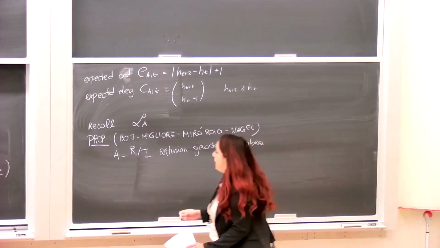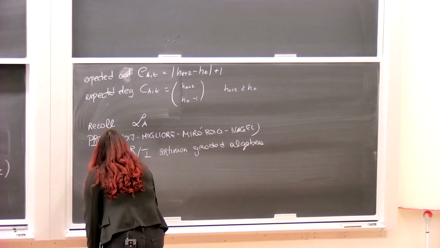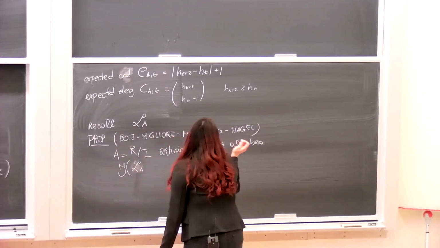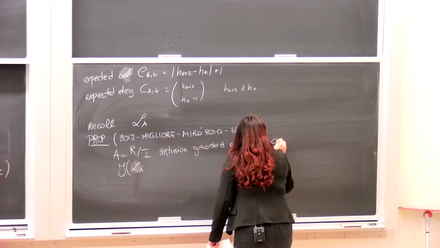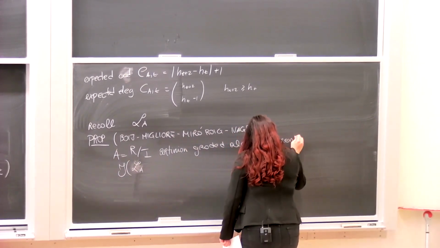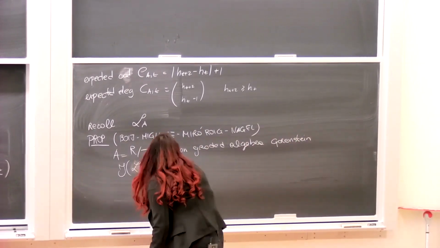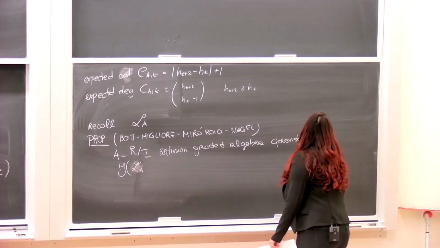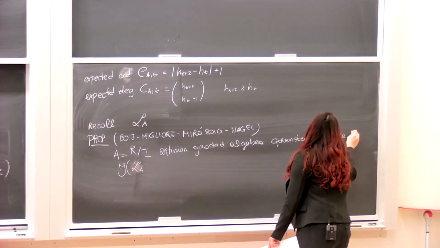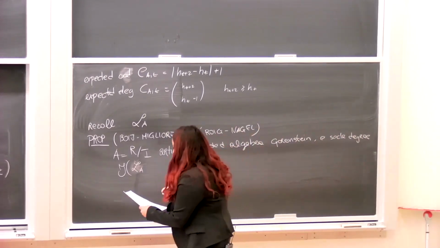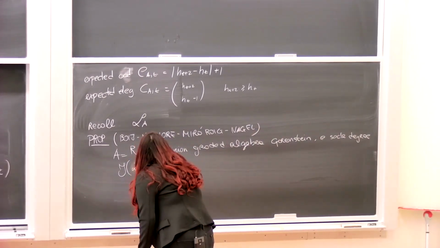So the ideal that defines the non-Lefschetz locus of so-called degree e is exactly the one in the middle.